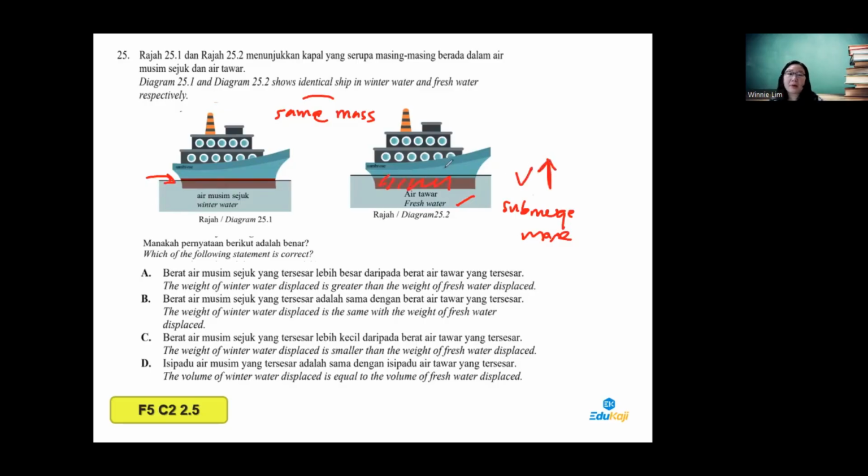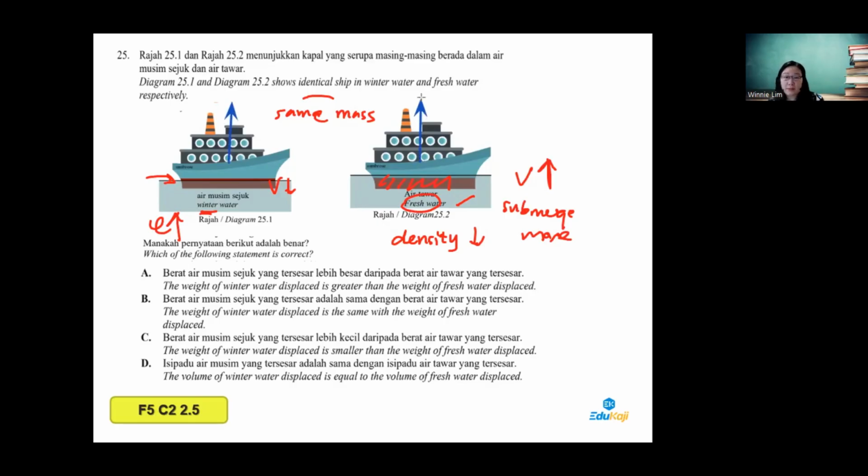How come? The idea behind it is that there is much more submerged because the density of fresh water is lower. This one has much less submerged because the density of winter water is higher. But because they are the same object, you have to use another concept under resultant force, the idea of forces in equilibrium.